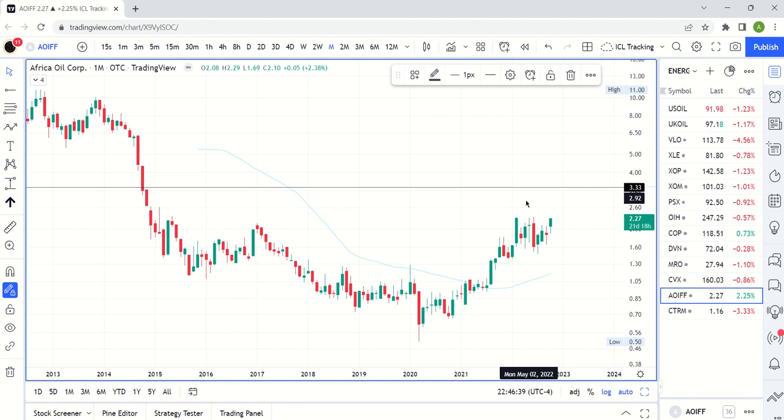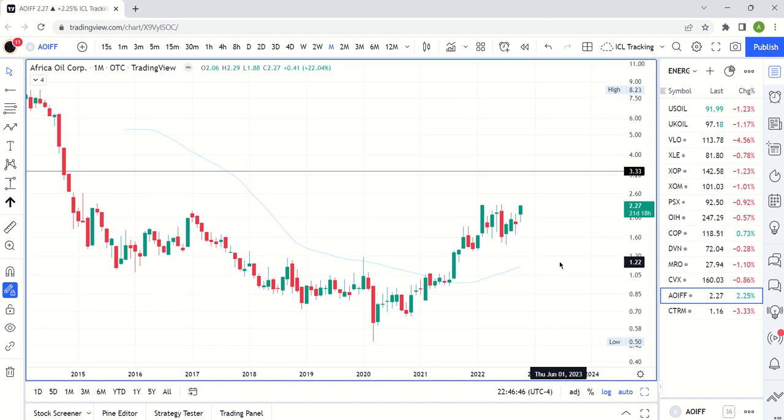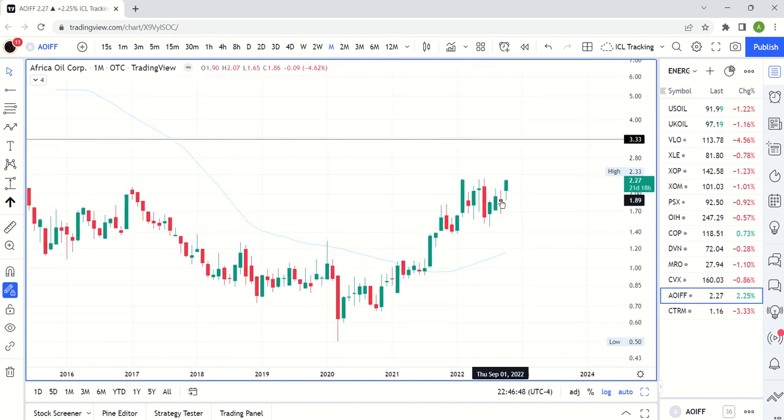This is some nice consolidation right here. I mean, wow, this is actually really bullish. If we zoom in micro, this is a bullish hammer candle for October. That's pretty amazing.